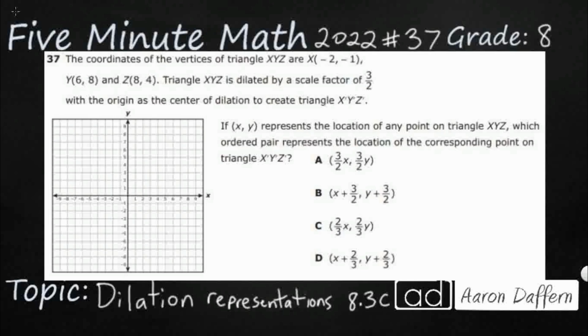So we've got the coordinates of the vertices of a triangle, x, y, and z. All right, so we can go ahead and plot that because we have a nice little coordinate plane here. So -2, -1. And there's my x. I'm not going to actually label it x until I know which direction this triangle is facing.